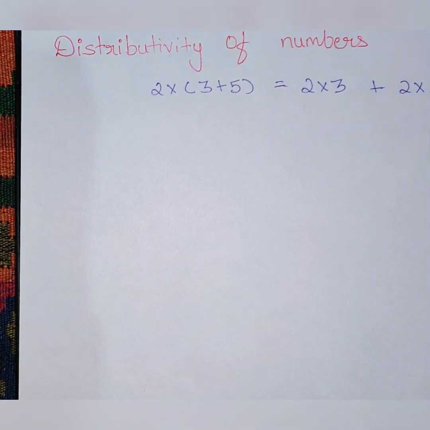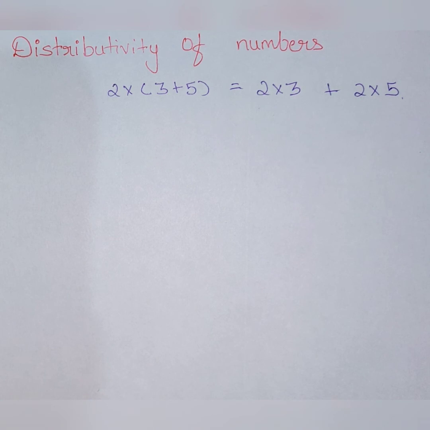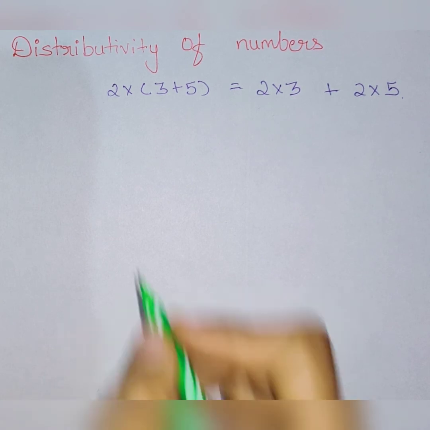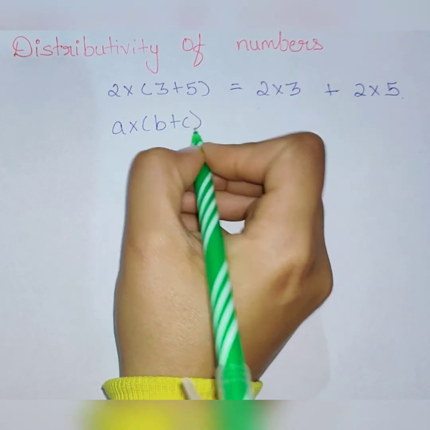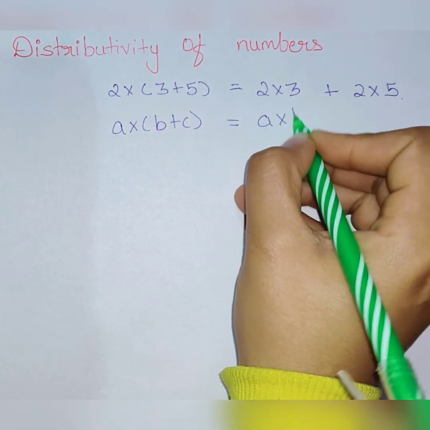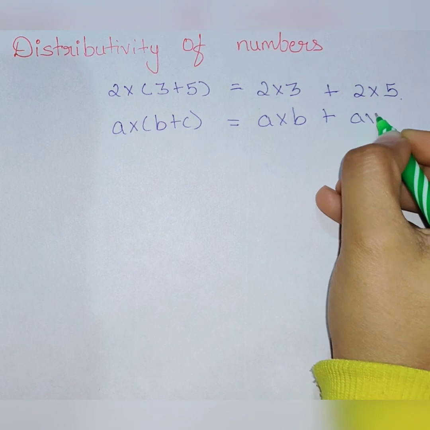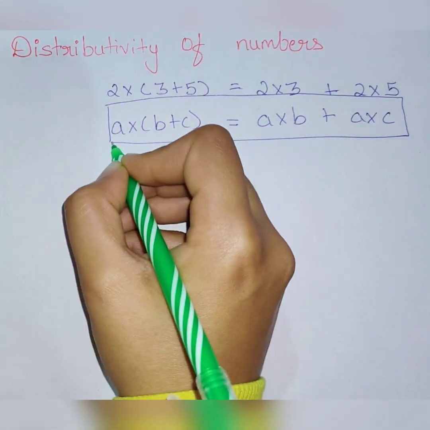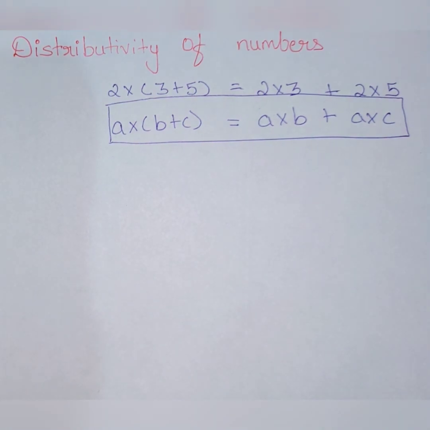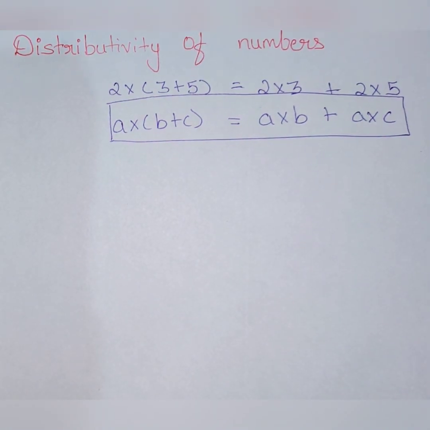Now we can use variables for distributivity also. You can use A into B plus C is equal to A into B plus A into C. So this is the formula of distributivity of numbers, that is, distributivity of multiplication over addition of numbers.